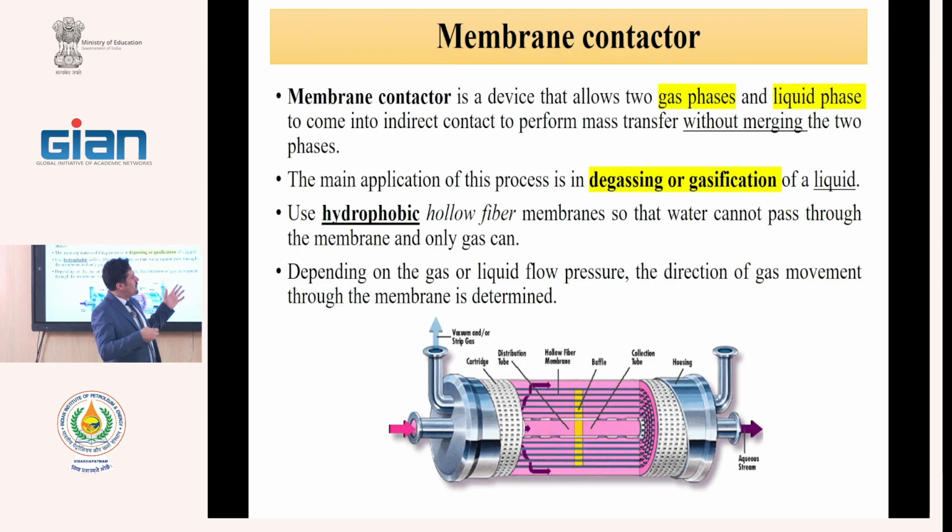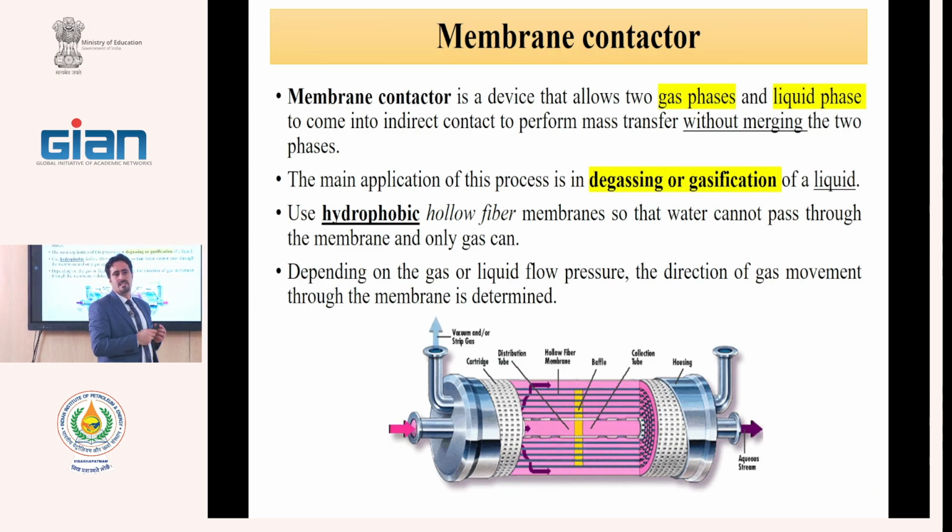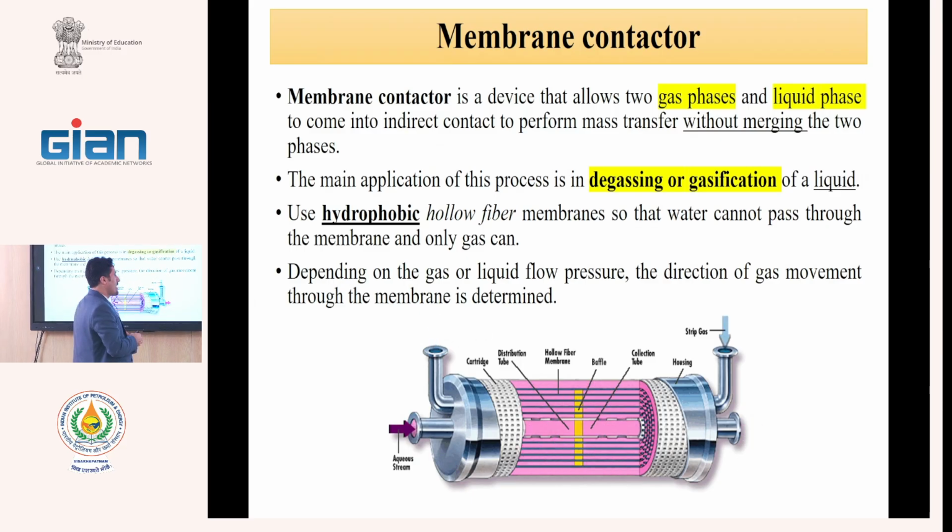For example, on the outside of the hollow fibers, we have amine solutions, and on the inside of the hollow fibers, we have methane and carbon dioxide. Carbon dioxide can penetrate into the amine solutions and be separated.